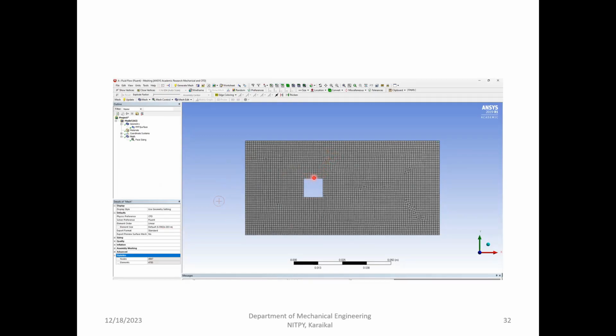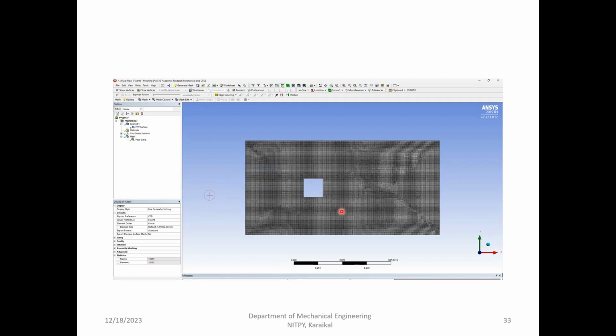Now I have meshed everything with 1 mm. You can see that this mesh is comparatively better. It is uniform: every cell is 1 millimeter, uniform square meshes. Or if I go with 0.5, I get it finer. Again it's going to be 0.5 everywhere, so I have a better mesh.